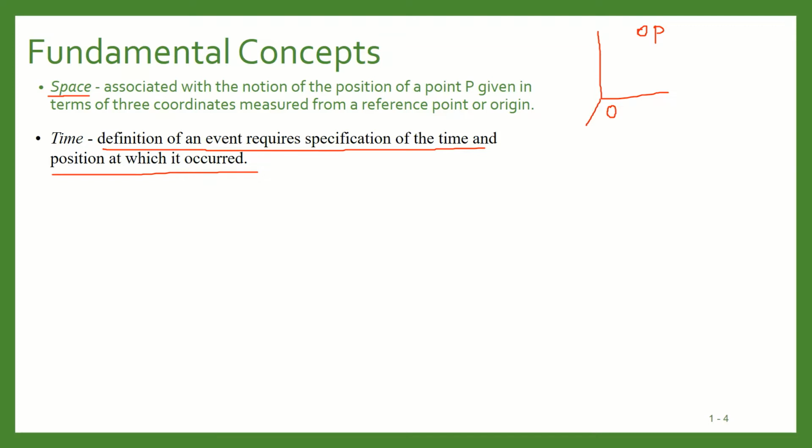Suppose initially your body is at rest, it is having velocity v equals 0 at time t equals t1, and after a certain time, say t equals t2, it is possible that your rigid body or the system of rigid bodies is moving with a certain velocity, say 2 meters per second.